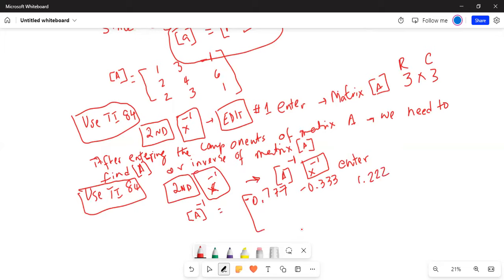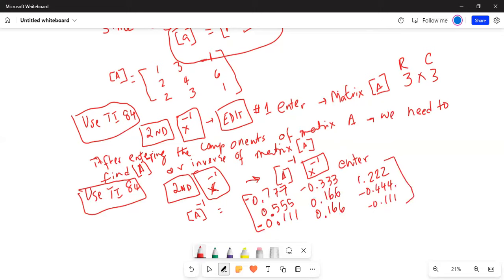Next row is 0.555, 0.555, then 0.166, and then it is minus 0.444, and the last row is minus 0.111, 0.166, and minus 0.111. So this is your inverse matrix.